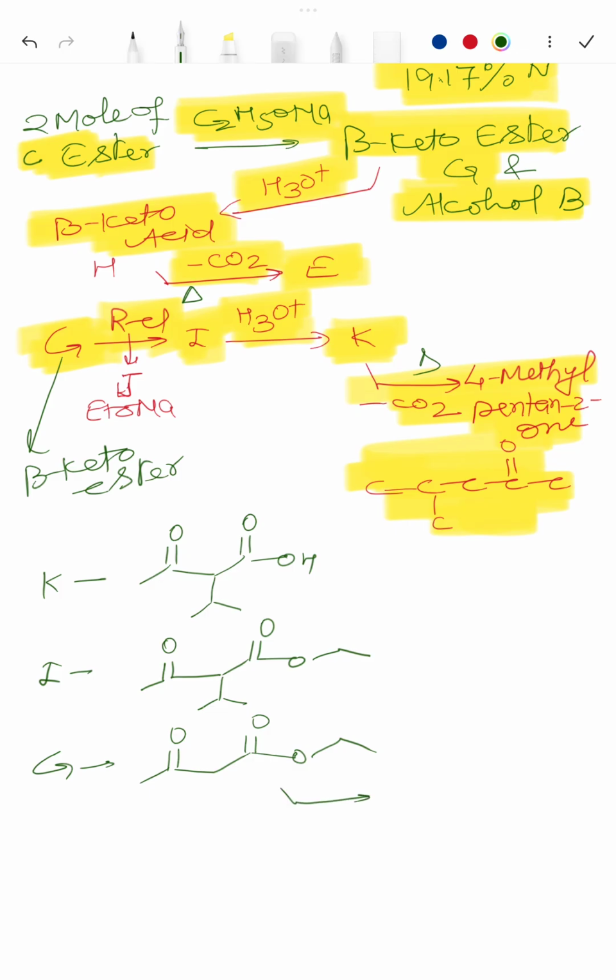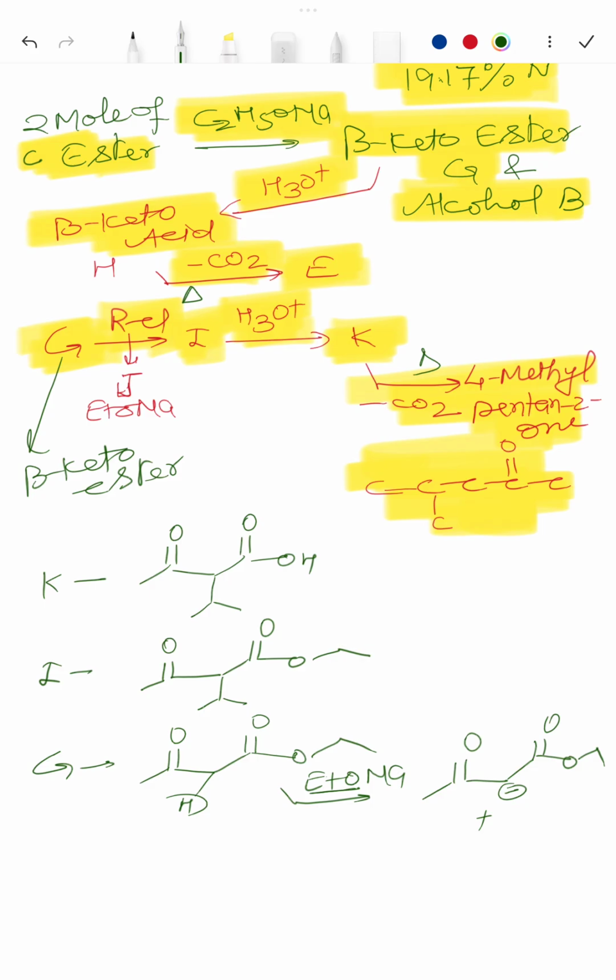When this reacts with EtONa, then EtO minus will take hydrogen because this is a highly acidic hydrogen. Here a negative charge will form, and this will attack on the RCl.